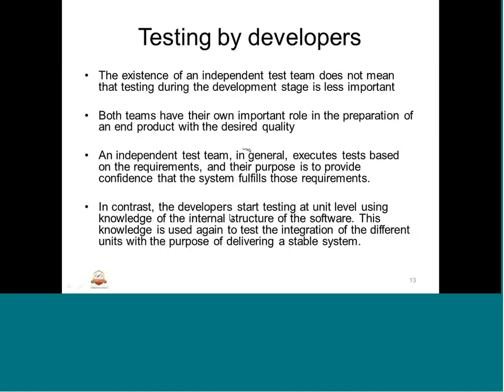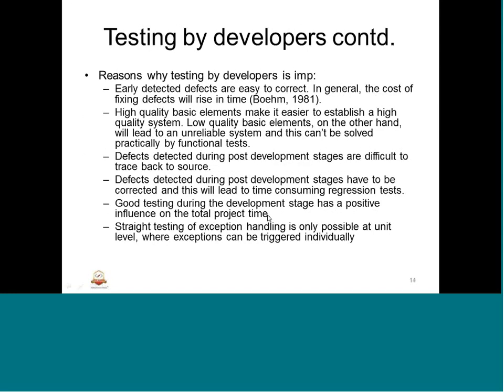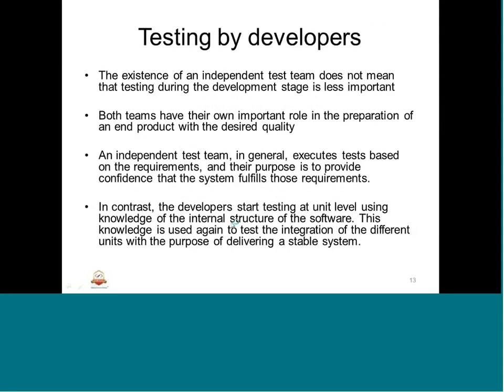In contrast, developers start testing at unit level because they are very near to the unit and they are the owners of the unit, because they have developed it, and they have the knowledge. That means they know about the infrastructure of the software. This knowledge is used again to test the integration of the different units for the purpose of delivering a stable system.